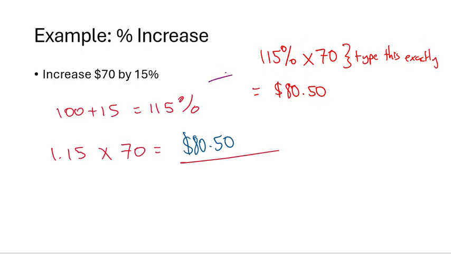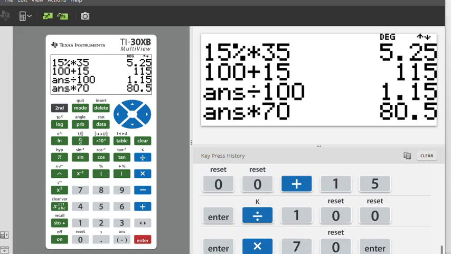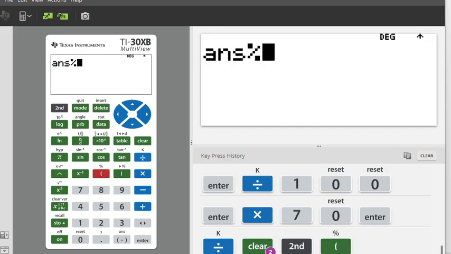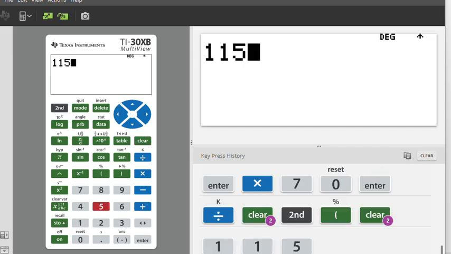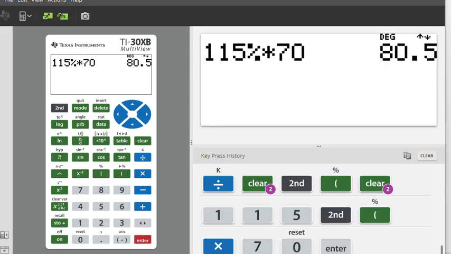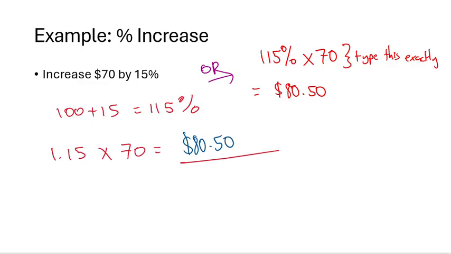Just remember, to get the percentage sign, you have to press second first and then the open bracket. That's how you get the percentage symbol. So I'll go 115% times 70, and I'll get my same answer.